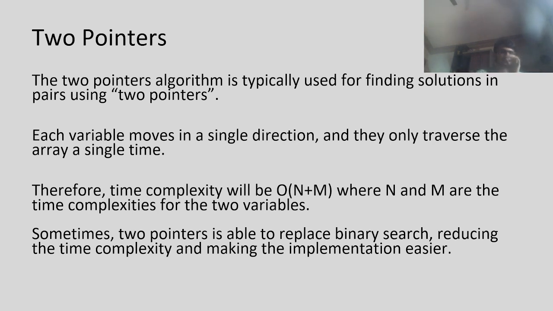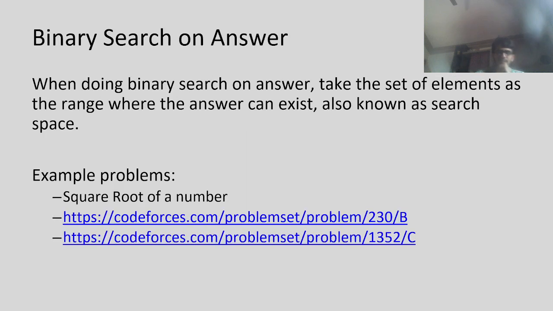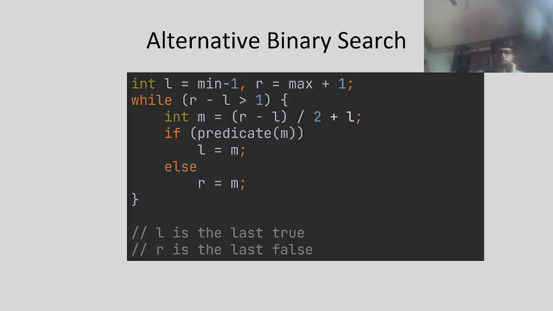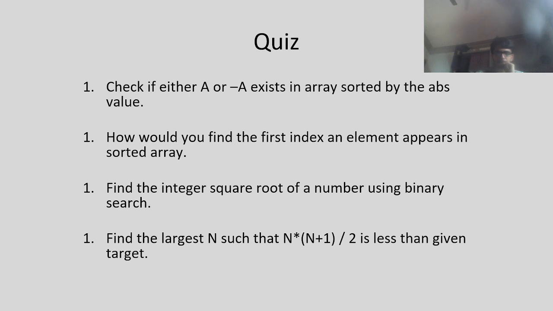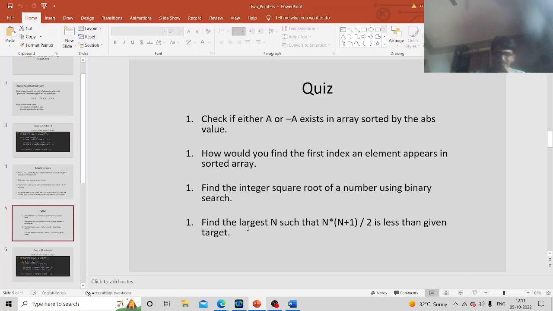Okay. So predicate function. So wasn't this a predicate function? See, I'll tell you how it was used. You see the last question: largest n such that n into n plus 1 by 2 is less than the target.